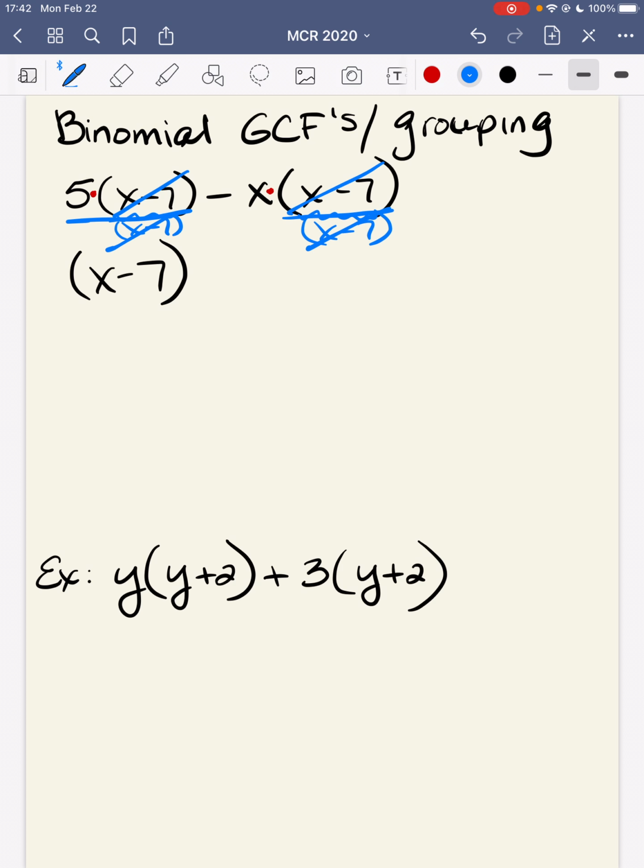And what's left over is being multiplied by what we pulled out. So what's left over is our 5 minus x.